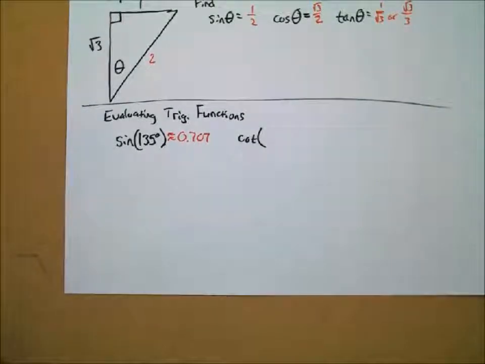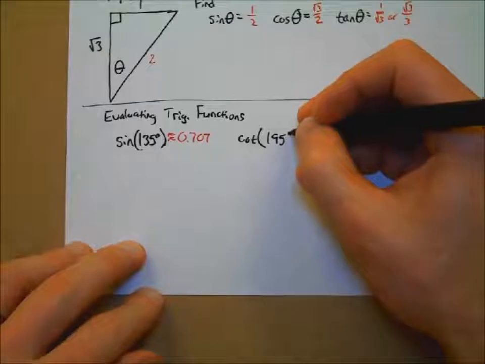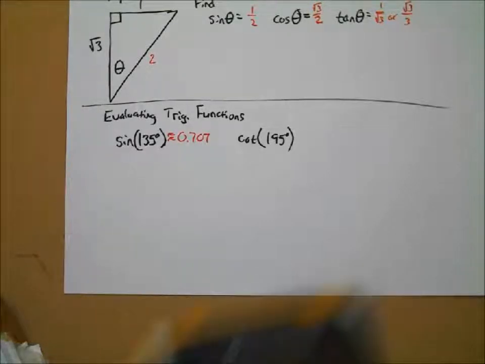What about something like this? Cotangent of 195. What button do we press for cotangent? Second tangent is a good thought, especially since we know that cotangent is 1 over tangent.